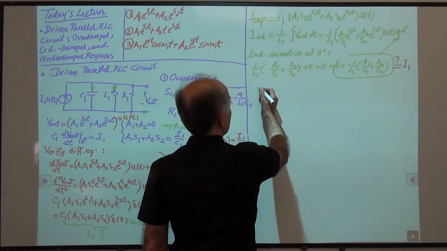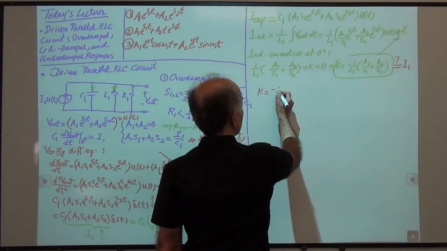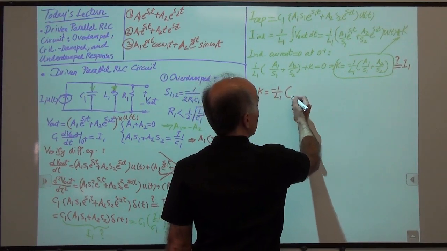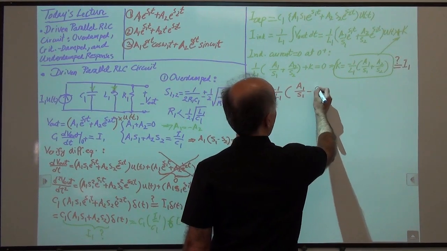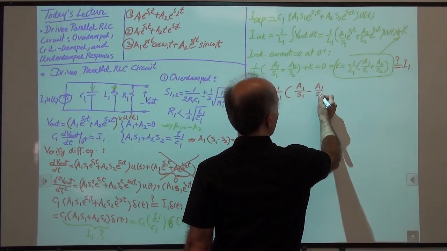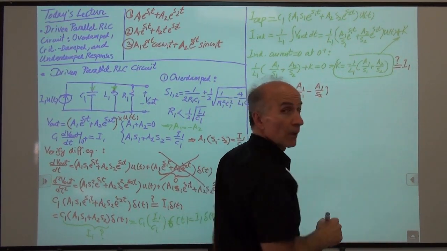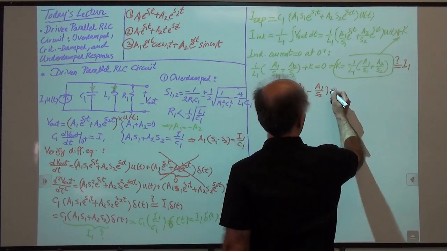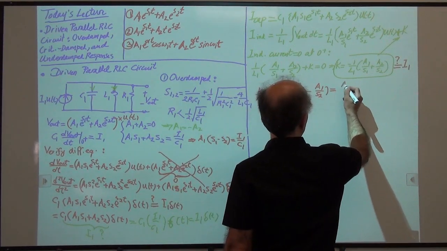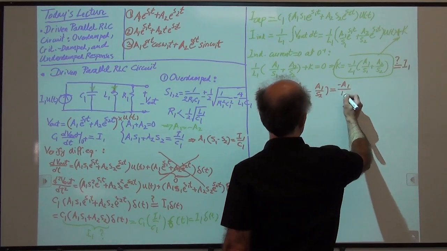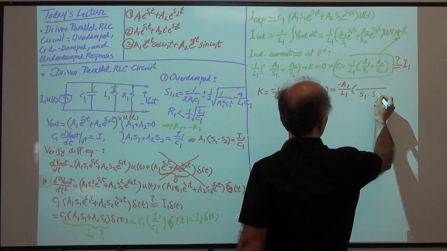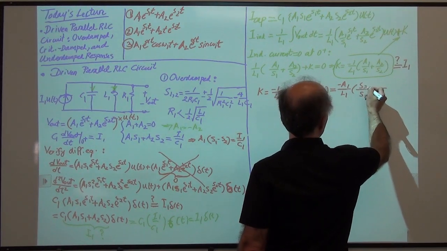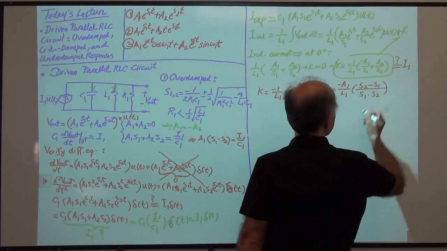So K is equal to minus 1 over L1, then A1 over S1 minus A1 over S2, right? And then I can factor A1 out. So A1 with a negative sign over L1 times S1, S2, and then S2 minus S1.